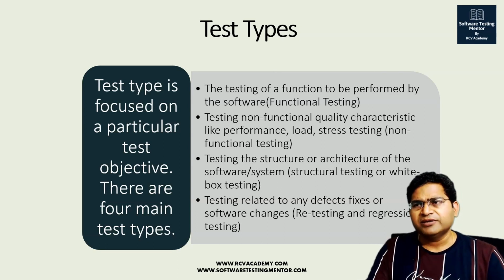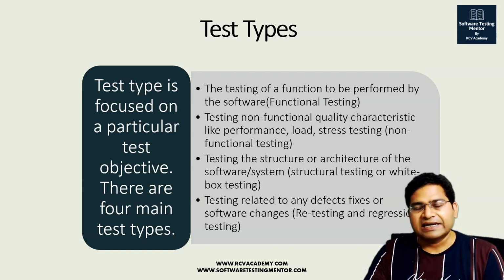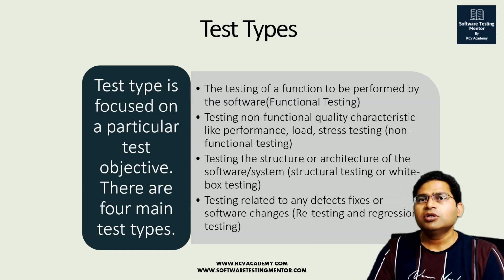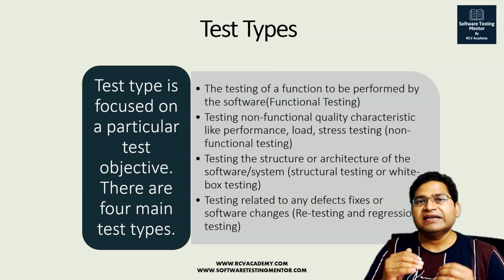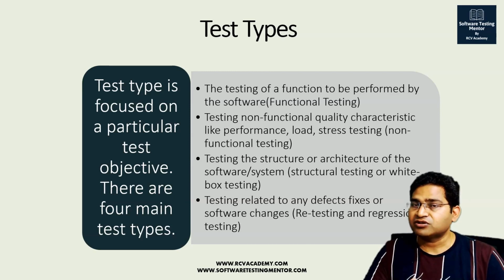So this is mostly from the ISTQB syllabus. This is a broad categorization, and it holds true for real-time projects as well: if you are testing any product, you will mostly categorize your testing into one of these 4 types.